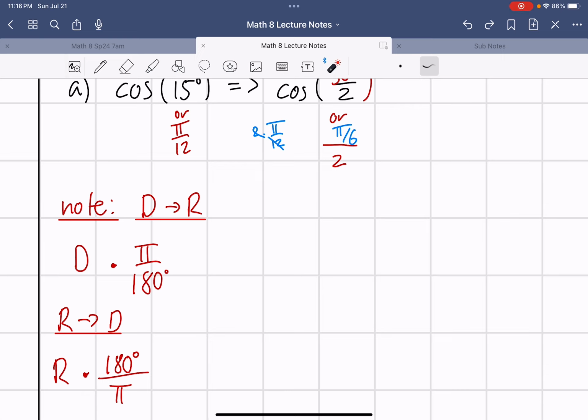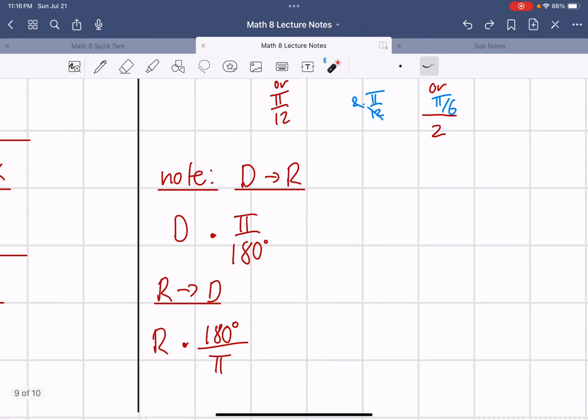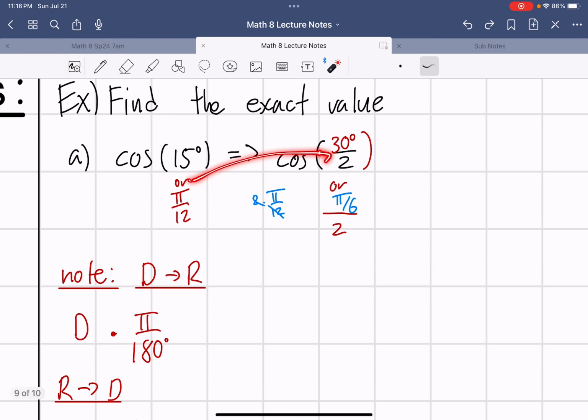But obviously, there are two different forms of measurements. One's a length and one's an angle. But they represent the same position. So if you ever find yourself wanting to convert from degrees to radians or radians to degrees, you can just go, for example, radians to degrees, I would have to multiply by pi in the denominator and then 180 in the numerator.